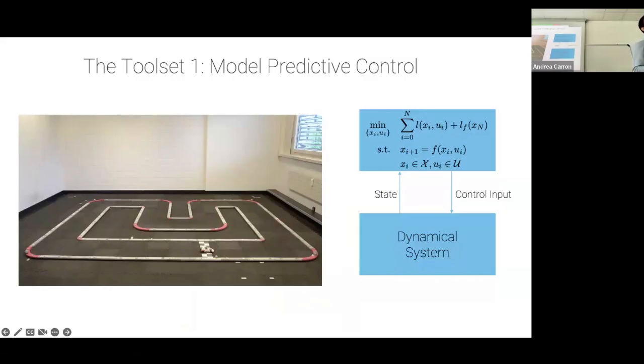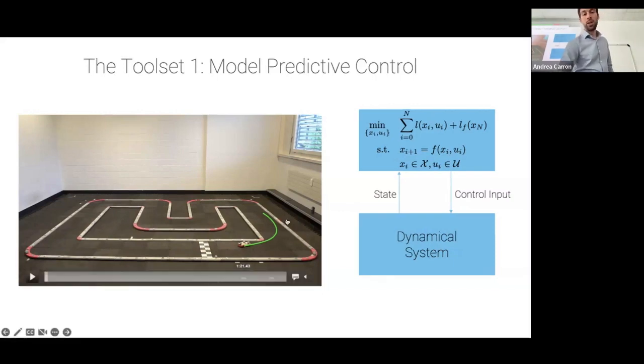So we have an optimizer in the loop, and given a model of the system, we try to predict the behavior of the system in the future for n steps. We, for example, obtain a trajectory like this green one here.